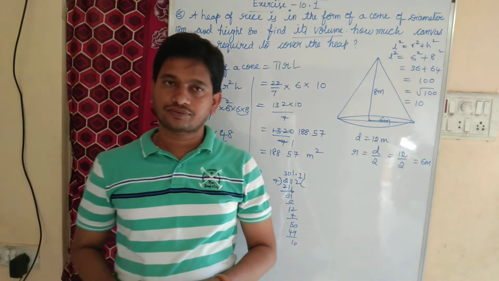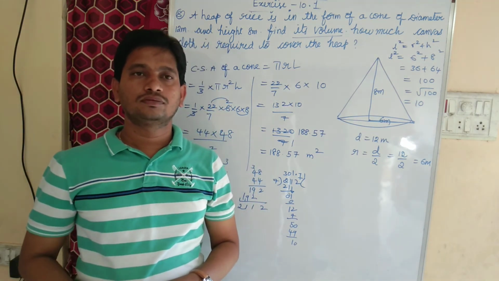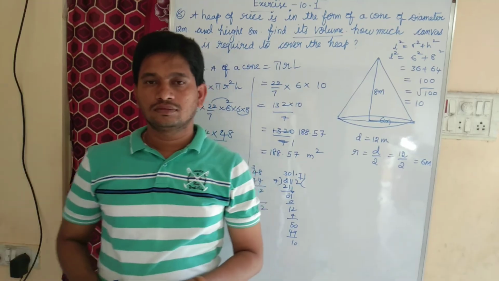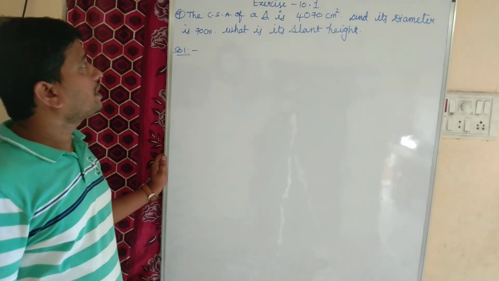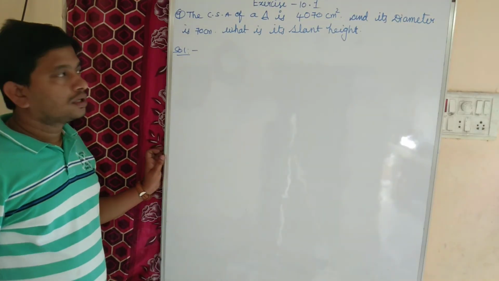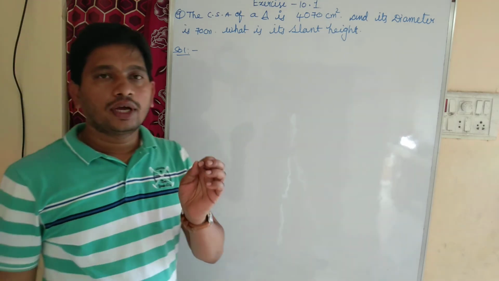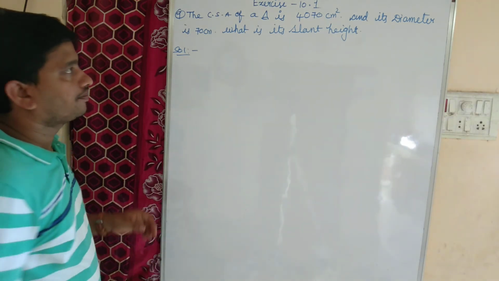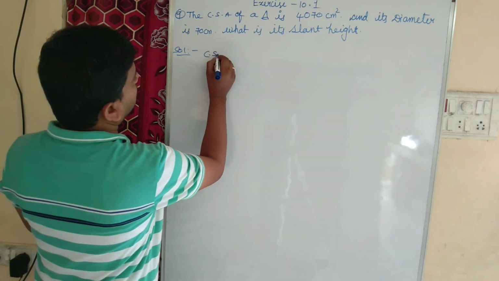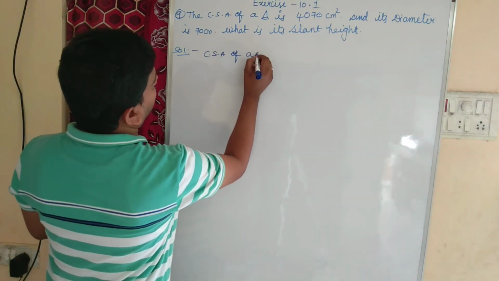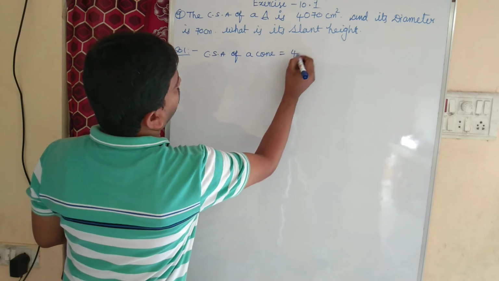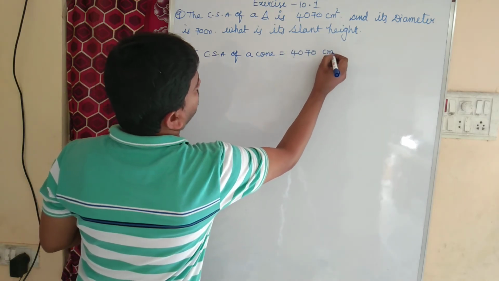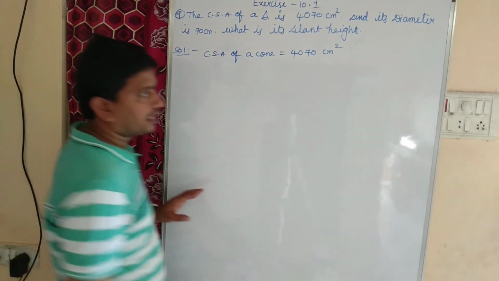8th question. Yes, children. Coming to 9th question. The curved surface area of a cone is 4070 square centimeter. Given CSA of a cone is 4070 square centimeter.